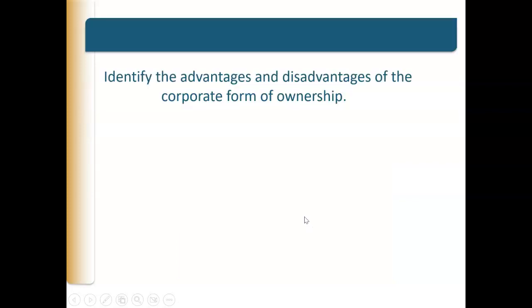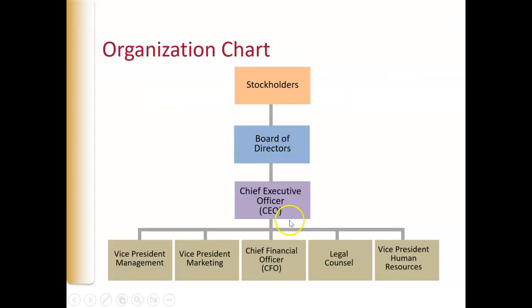Invested capital. When we have a corporation, you own stock. People purchase a portion of the company by acquiring stock. When there's a corporation, the shareholders do not necessarily run the organization. As you see here, the stockholders who control the corporation or own the company vote for a board of directors.